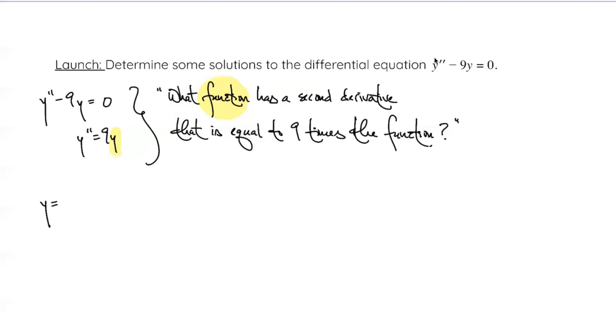No matter how we feel about the number e, e to the x is so special because its derivative is itself, and its second derivative is also itself. So how might we modify that so that we have a function where the second derivative is 9 times that function? What can we build from?